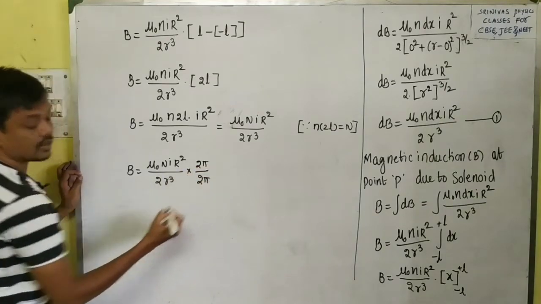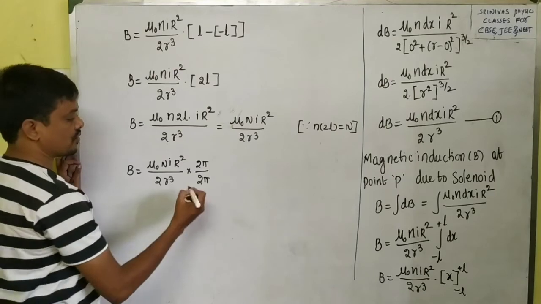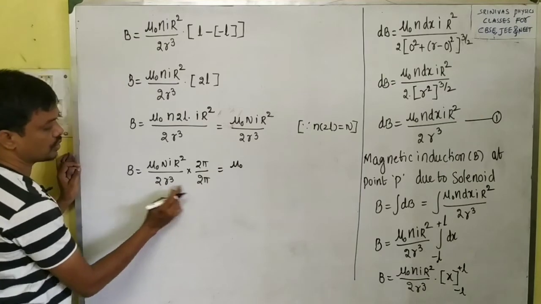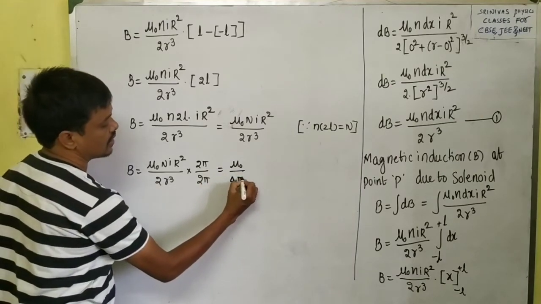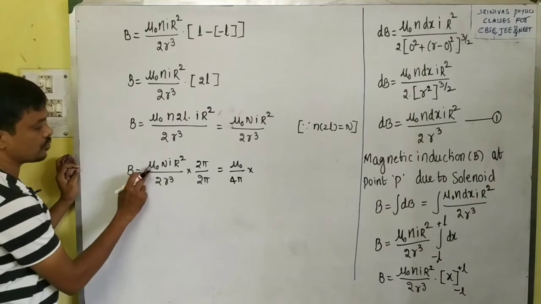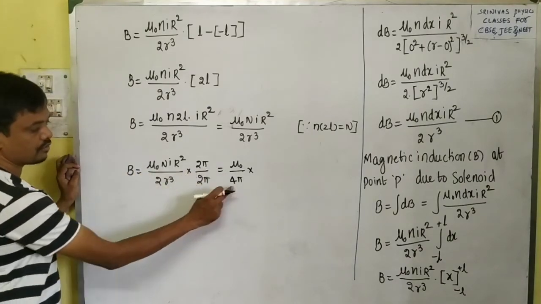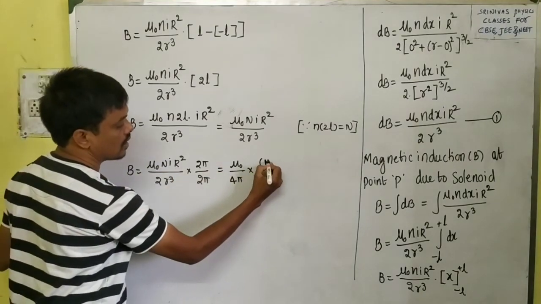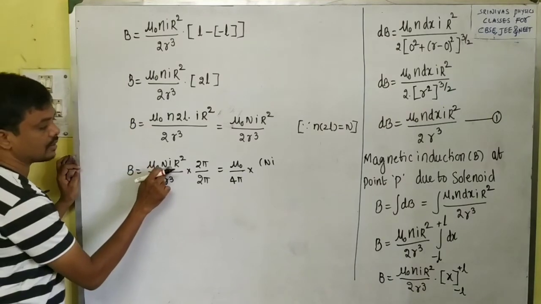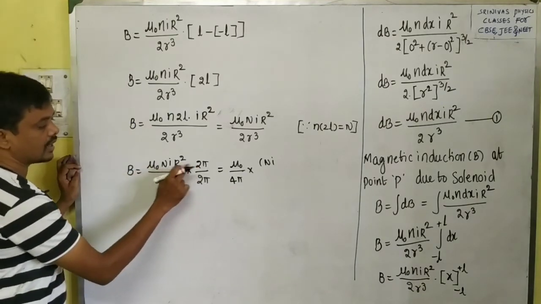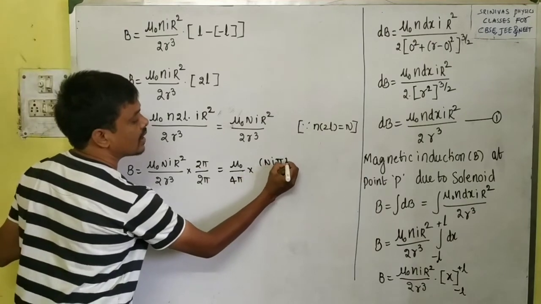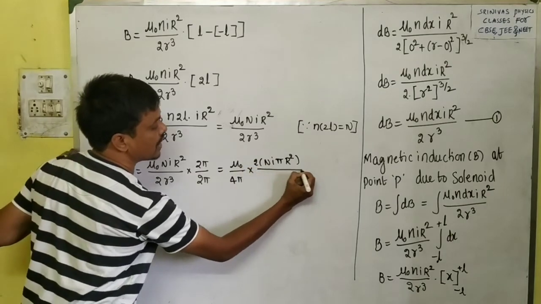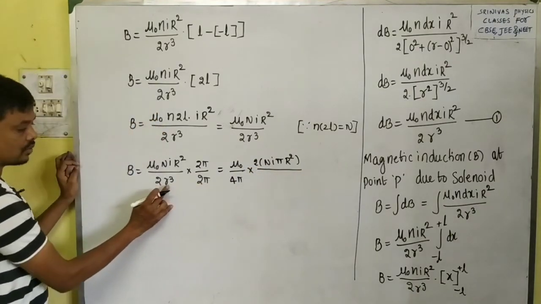Now I remodify it like this: mu naught by 4 pi, then N I remains, pi r square, into 2, and in the denominator only r cube remains.